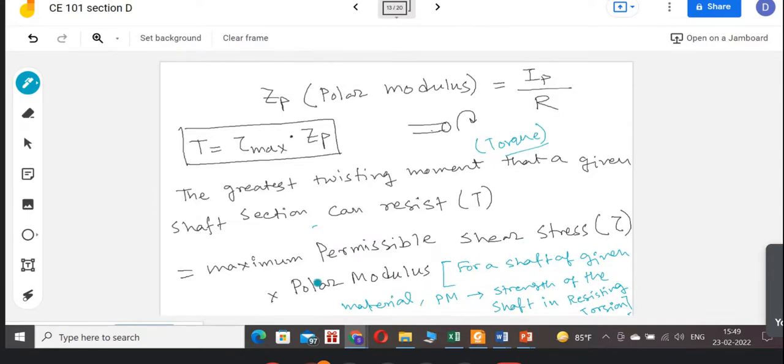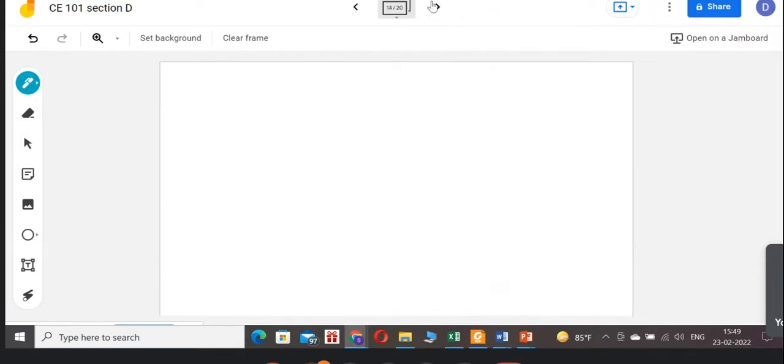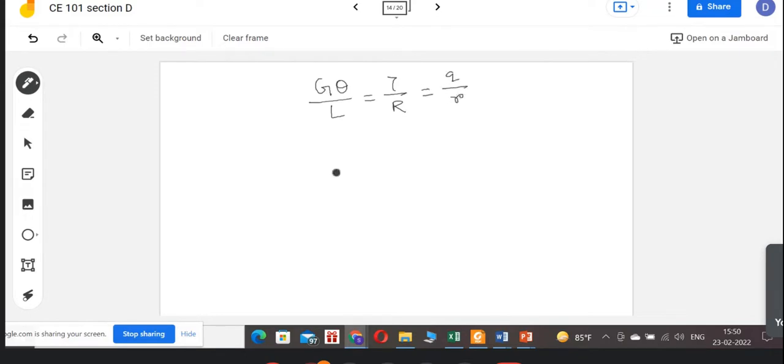So let me rewrite all the expressions. G theta by L is equal to tau by R is equal to q by small r.